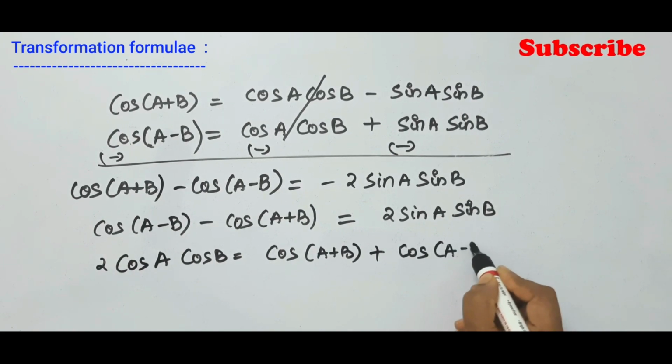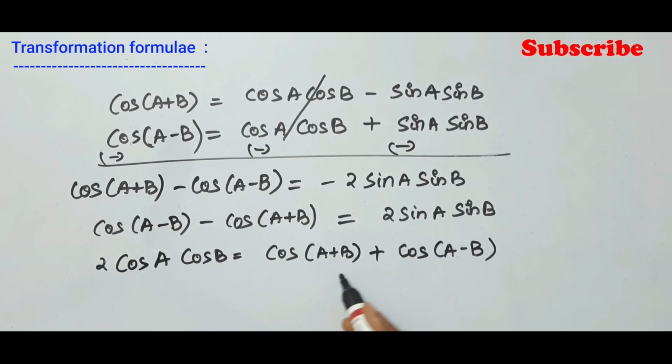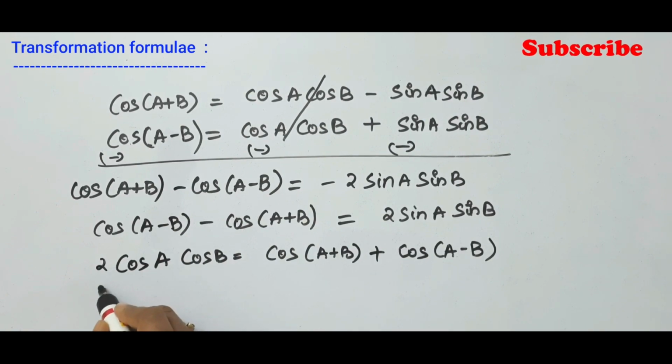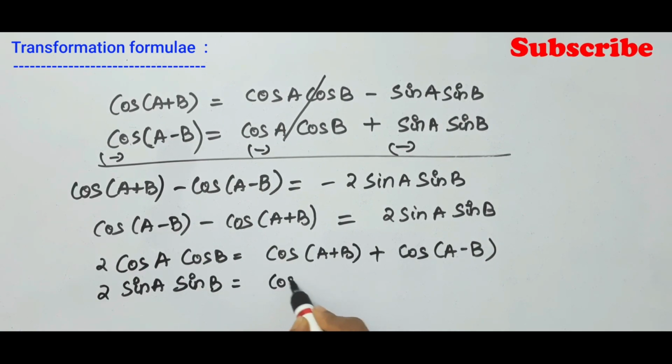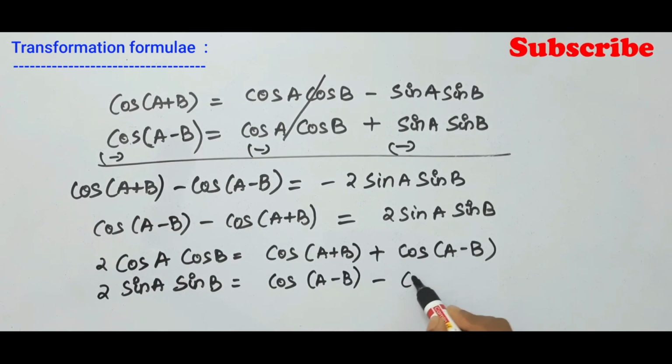This is the result we got before, is it not? By adding cos of a plus b and cos of a minus b. Now we got 2 sin a sin b is equal to cos of a minus b minus cos of a plus b.